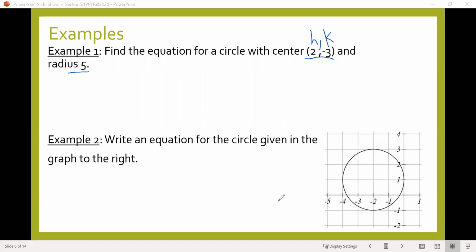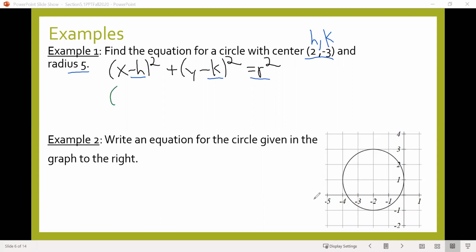So if I write out our general formula for the equation of a circle, (x - h)² + (y - k)² = r², we can just fill in the information we have. We have the value for h, the value for k, and the value for r, so we'll plug those in.